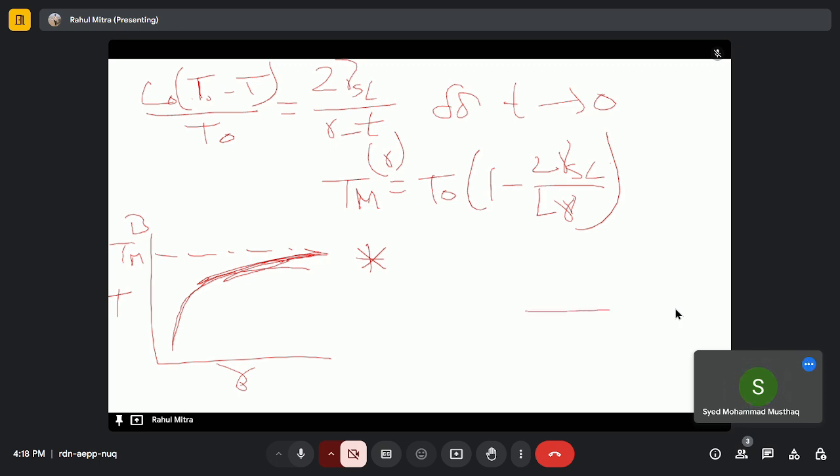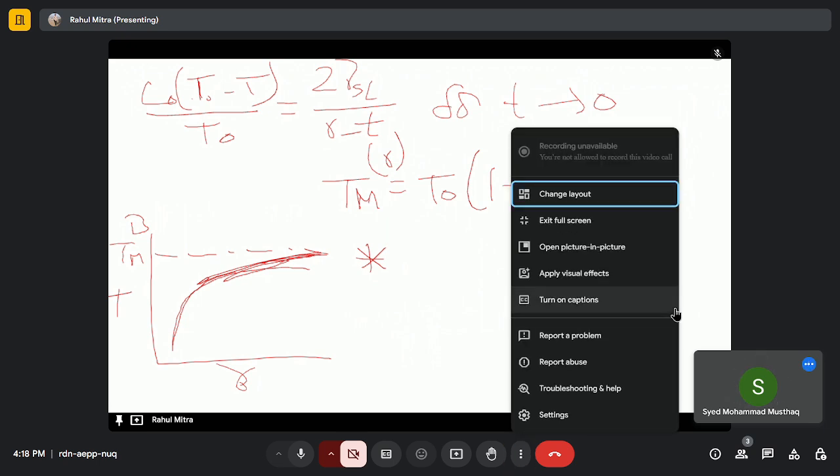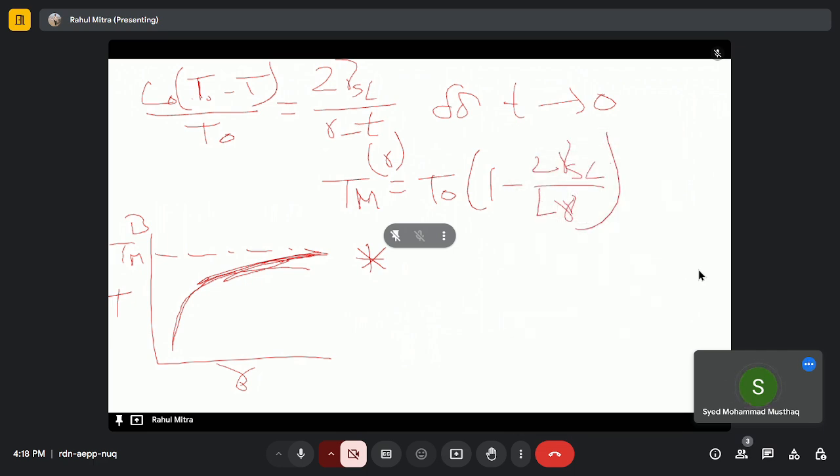Let's write, suppose this is my surface, and suppose if I have a liquid particle here, right?